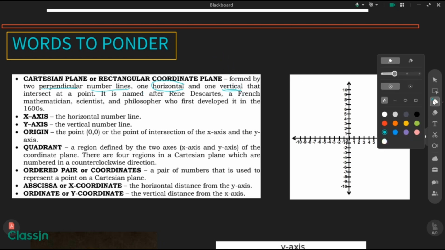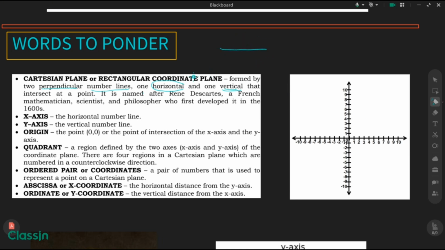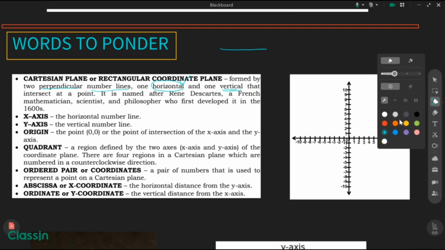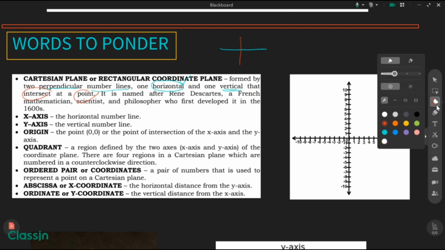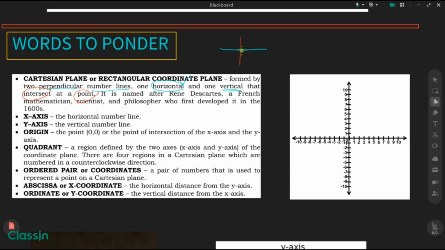So it has two perpendicular lines and it intersects at a point. So we have here the horizontal and the vertical line. So these are perpendicular lines, and they intersect at a point. So what is the point? We have here a point.